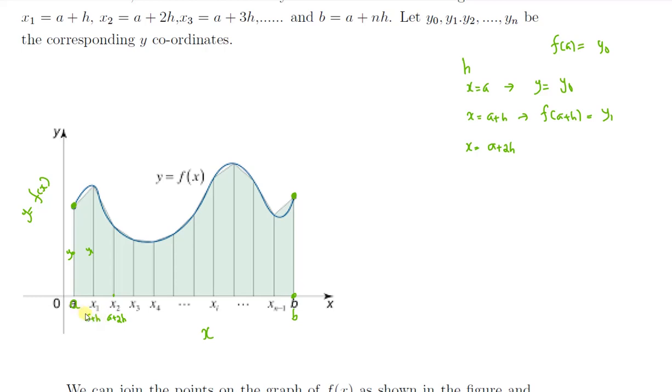So we find the value of the function at a first, then at a plus h, then at a plus 2h, and so on. So this is f of a plus 2h, which you can take as y2. In a similar way, you find the value of the function at all such points.